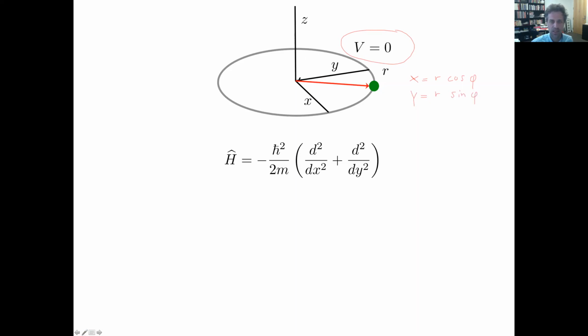The angle is basically the angle defined here. Let's say it starts at the x-axis, then moves and spins around, and as the angle grows, so grows phi. That is the definition of phi. So the question now is, can I rewrite this Hamiltonian in terms of r and phi, not x and y?